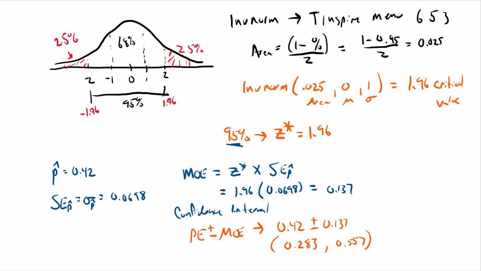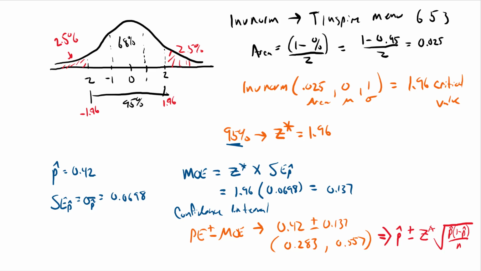Okay? Now with this, you can sum up these calculations with what we've done here, right? What we did was we took our p hat value plus and minus our Z star value times our standard deviation, which was, in this case, the square root of p hat times 1 minus p hat over our sample size.